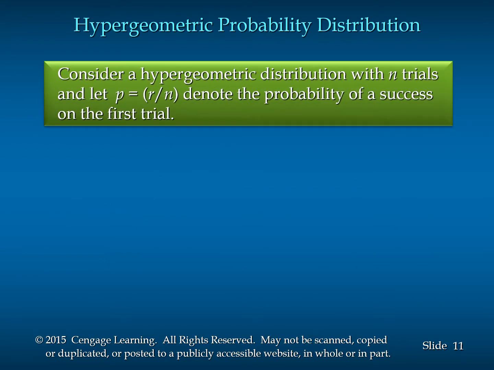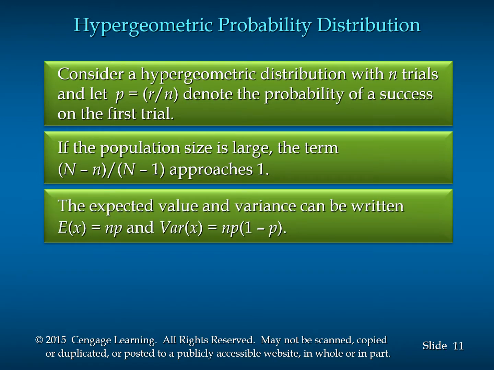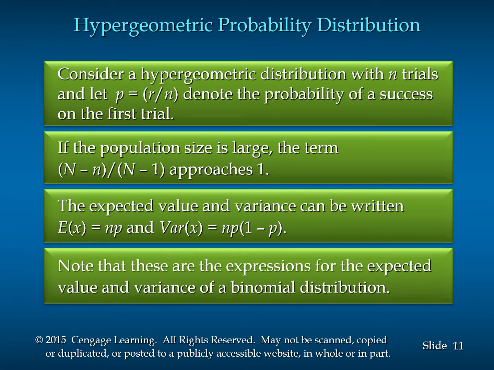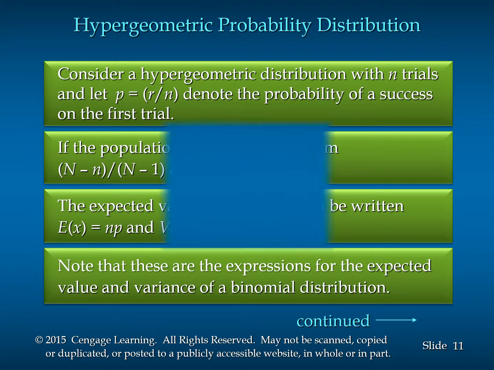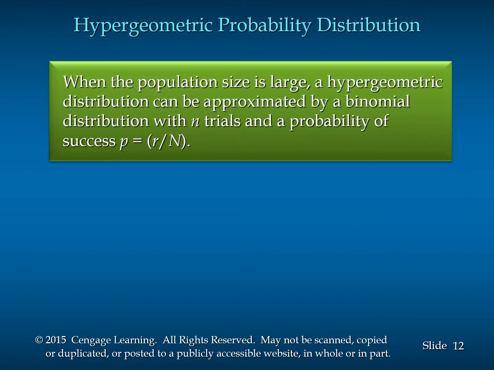This slide summarizes the properties of the hypergeometric distribution. When the population N is large, a hypergeometric can be approximated by a binomial distribution.